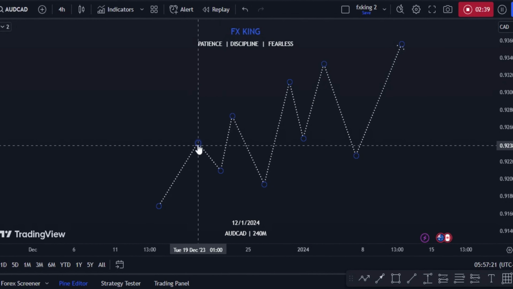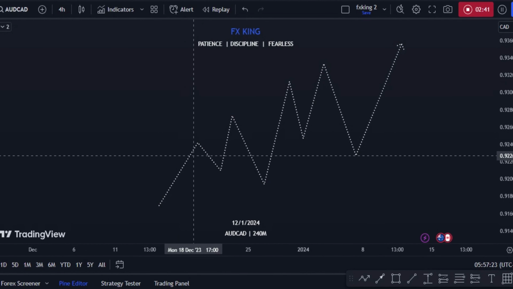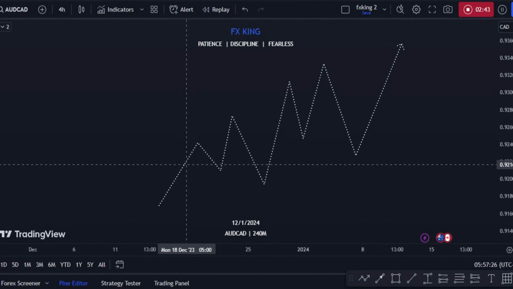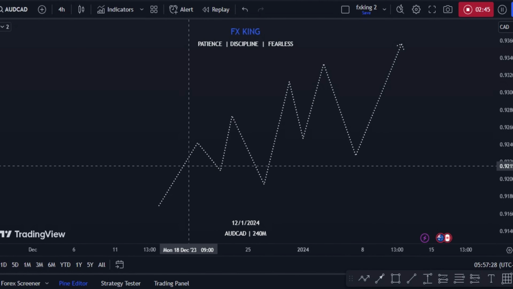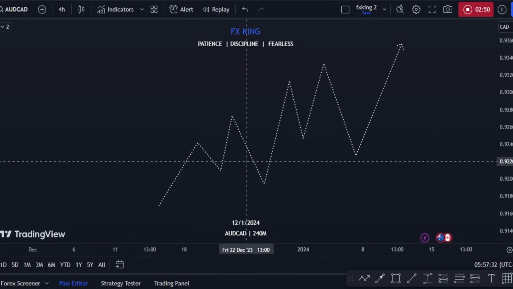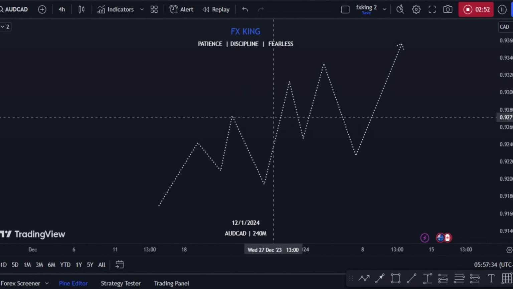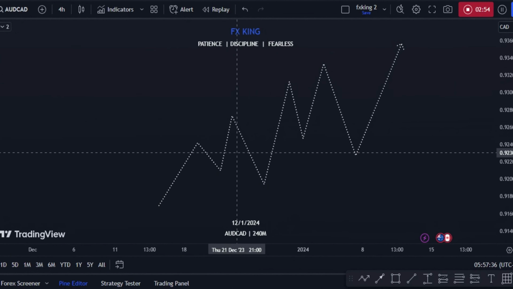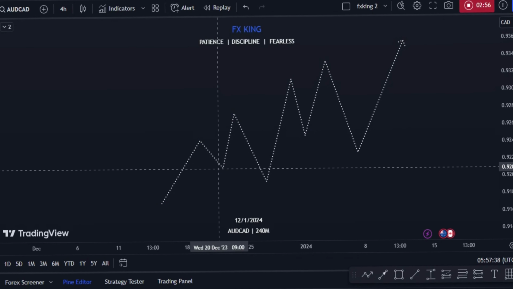Now, why is this not a break of structure? This did not take out any inducement here. This has not taken out any inducement or any form of liquidity. So if you mark this as a break of structure, you're the inducement. This will be the valid break of structure here. Why? It took out this inducement here.